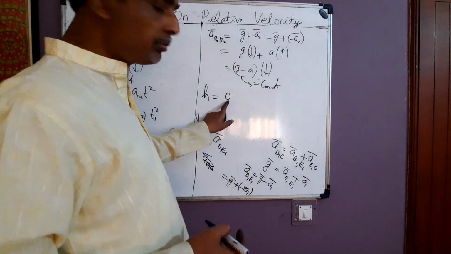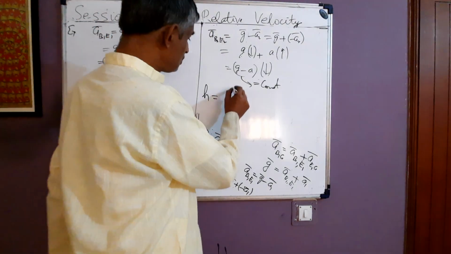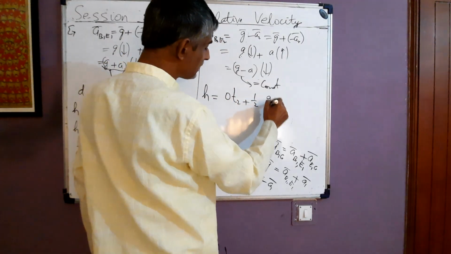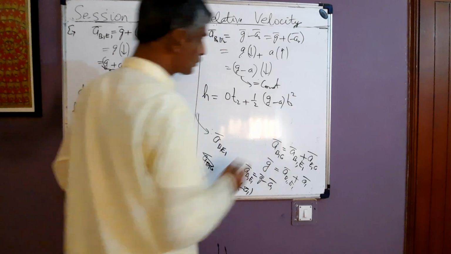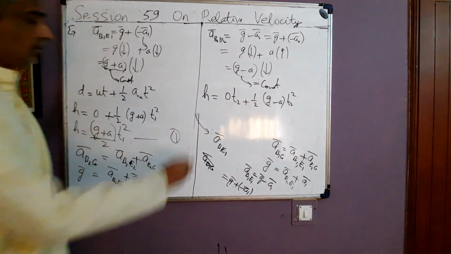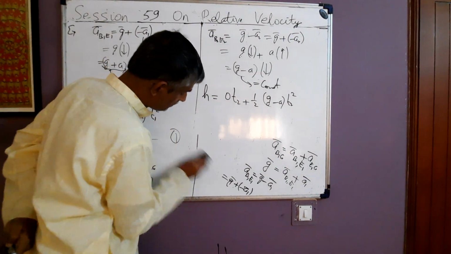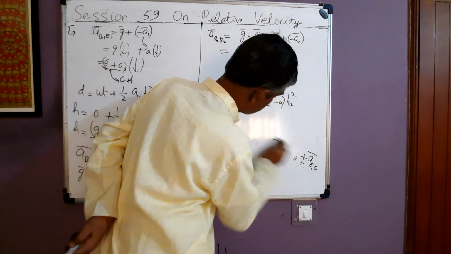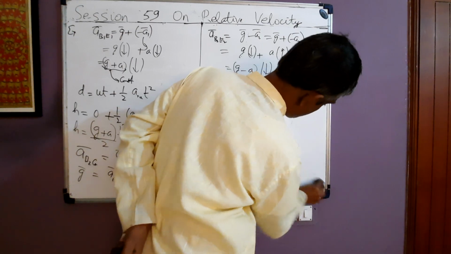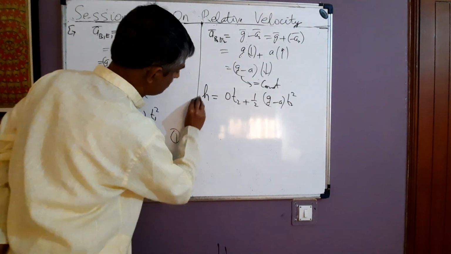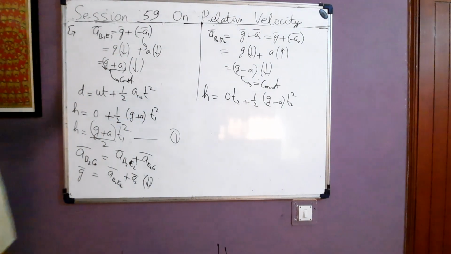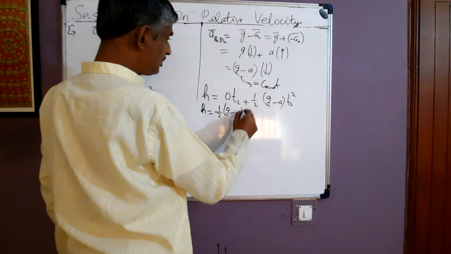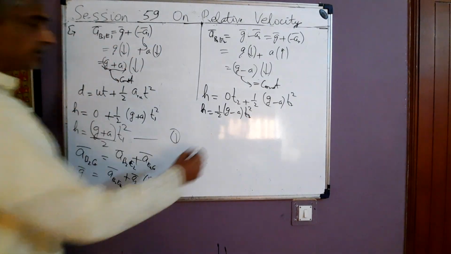So the initial relative velocity will be 0. 0 into T2 plus half into the acceleration of bolt with respect to elevator, that is g minus a, into T2 square. So h is equal to half (g minus a) into T2 square. This is the second equation.